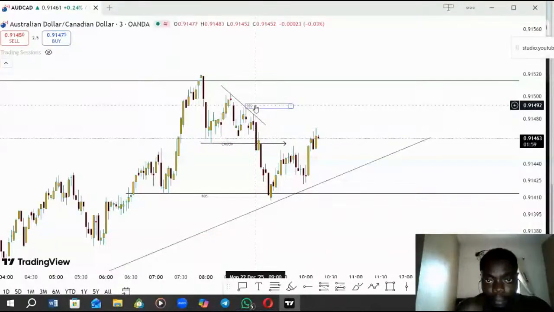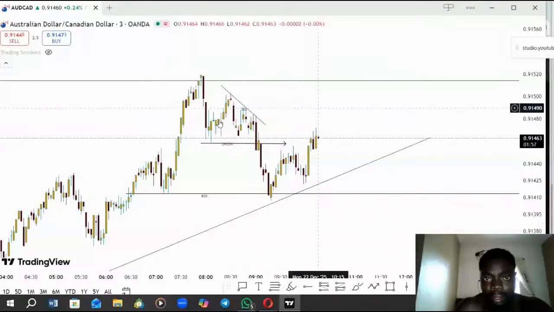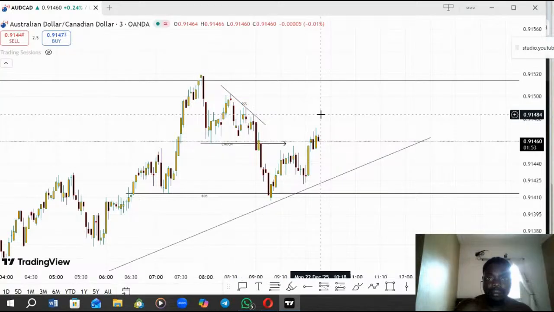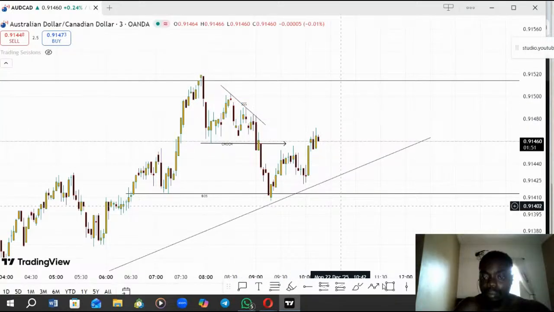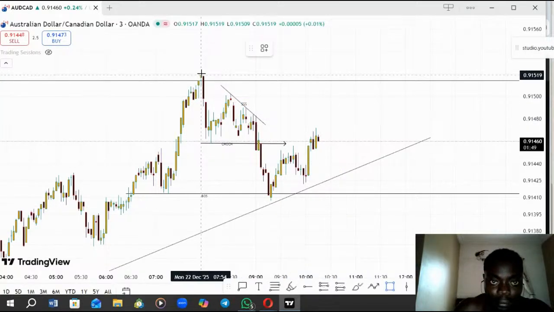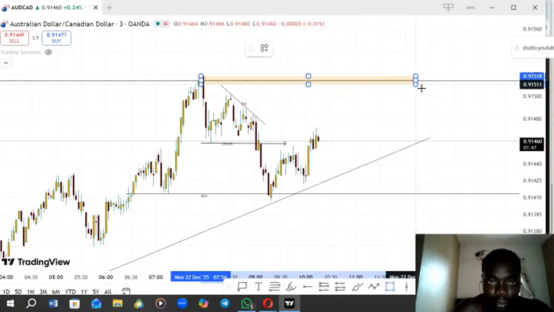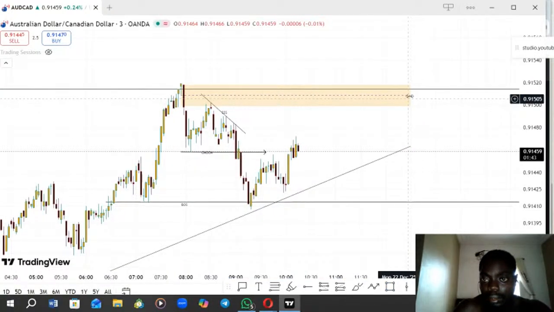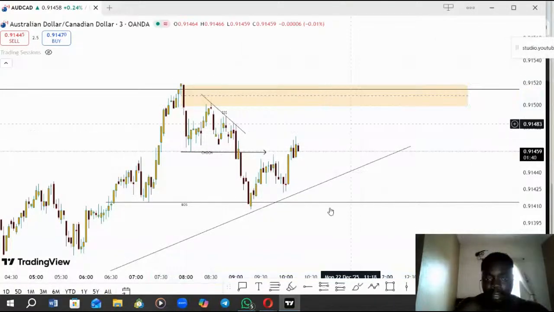I'm taking this trade now, on the 3 minute. And above it we have our area of interest. This is where I want to sell from.